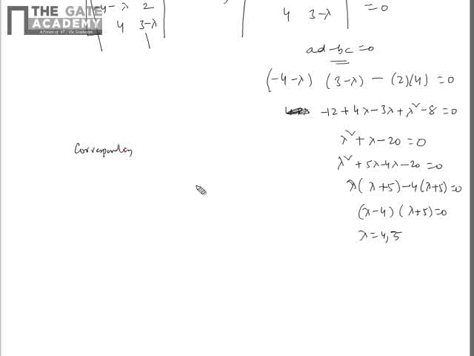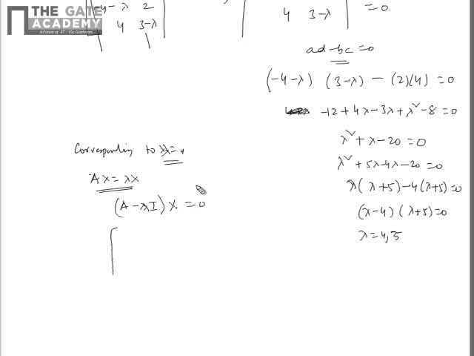Now there will be two eigenvalues. So let's see, corresponding to lambda is equal to 4, what is my eigenvector? Again I have to use this form, or I can always write A minus lambda I into capital X is 0.